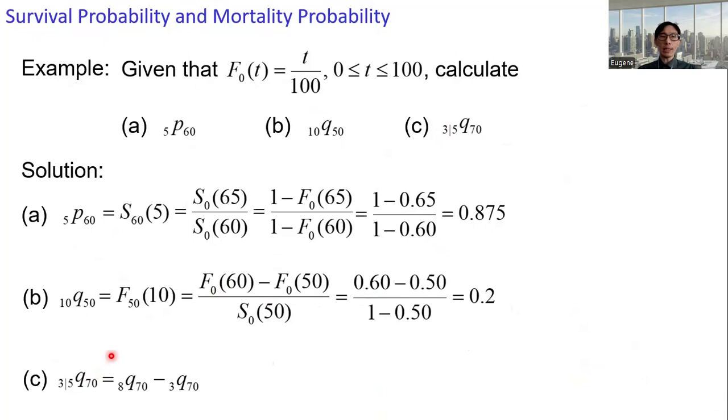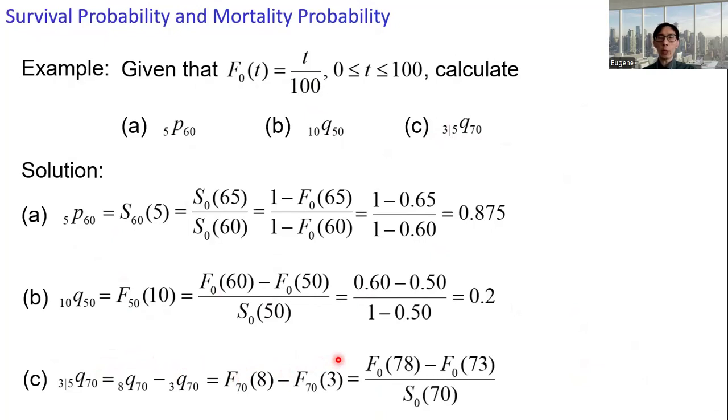So this can be expressed as 8q70 minus 3q70, and then expressed in terms of F70, which is F70 of 8 minus F70 of 3. In terms of F0, do the substitution, and then we get the result 0.0714.